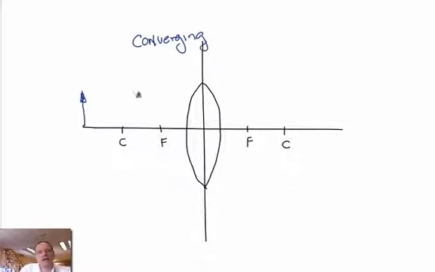Again, just like we did with mirrors, we take a ray that is parallel to our axis, and it will refract as it goes through the lens. For simplicity, we draw that neutral axis. Once it gets through here, parallel rays would go through the focal point.